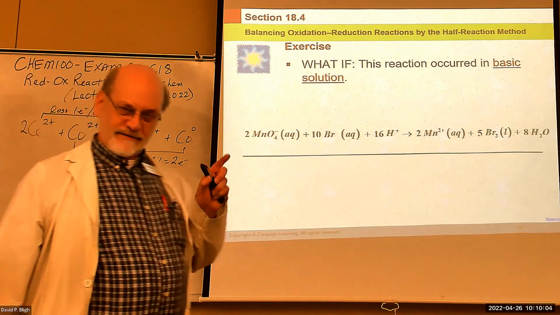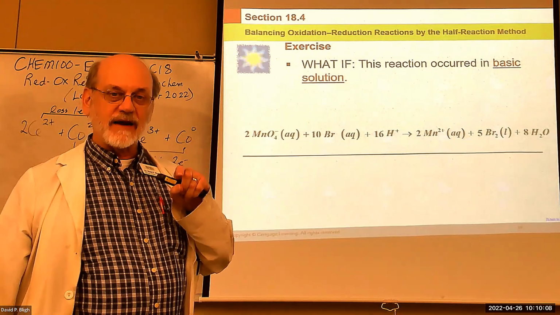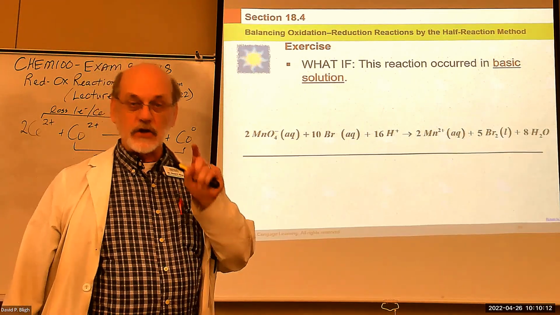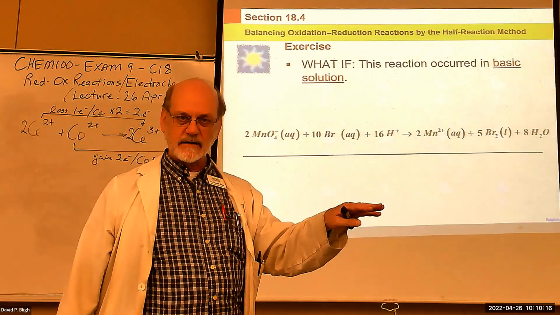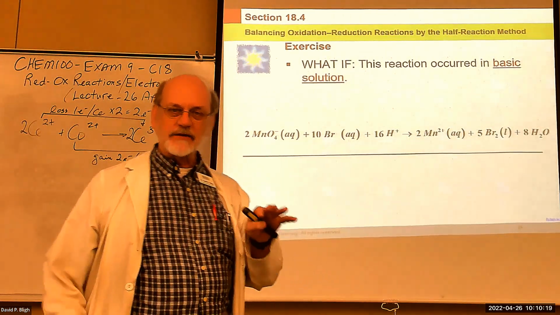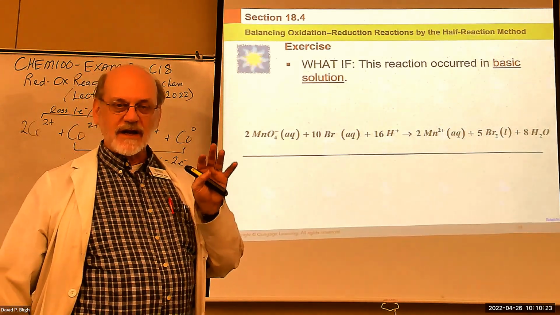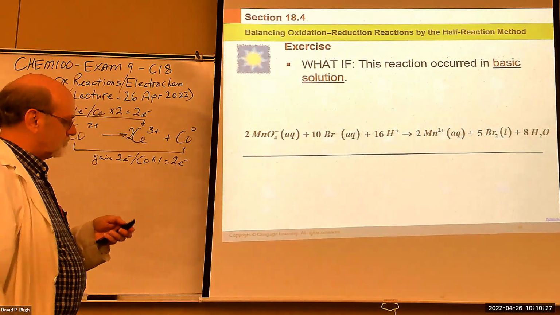Now, what if we had said this reaction is balanced for basic solution? You go through the acid balancing technique, then you take your balanced acid solution equation and change it into base. So how do we do that?